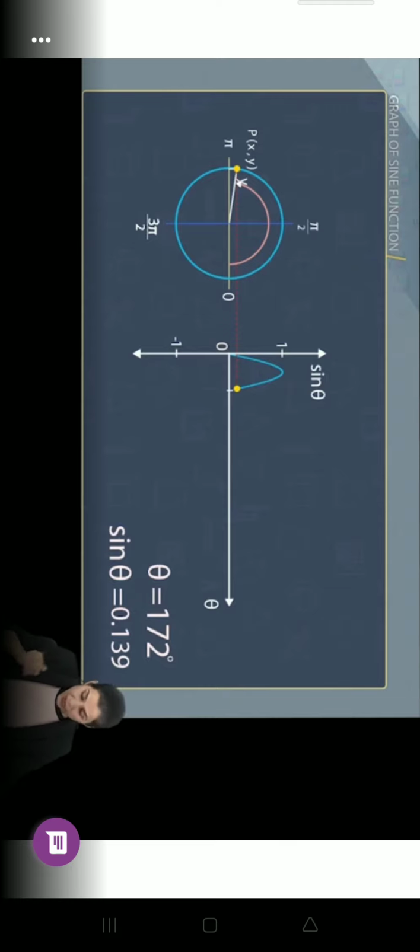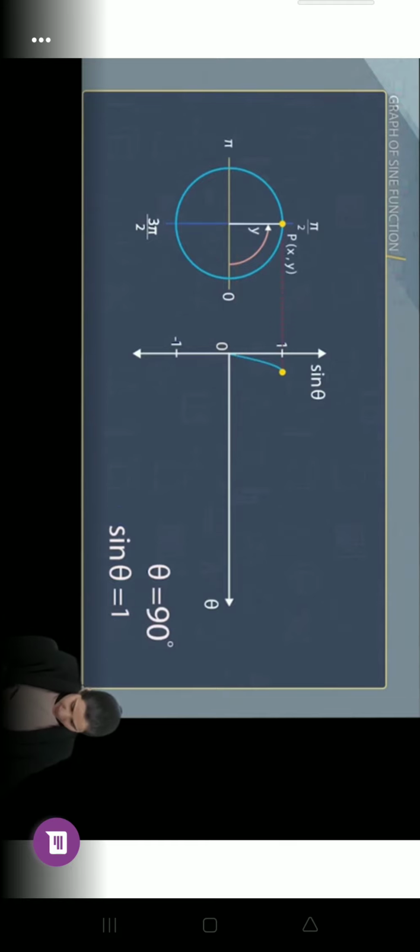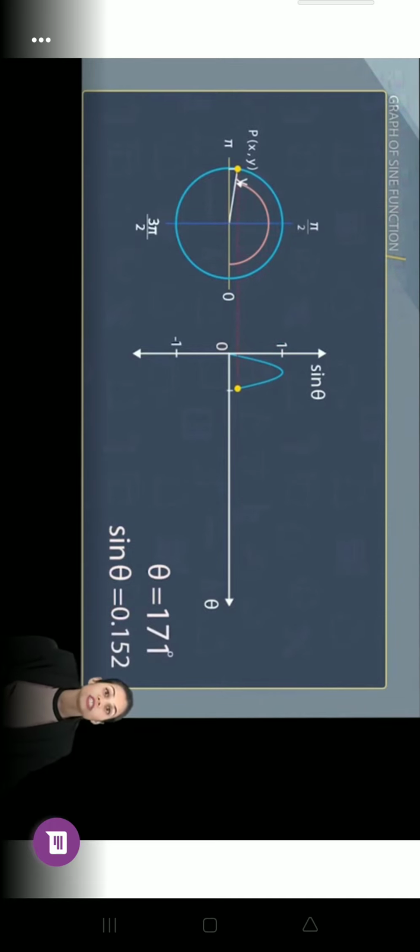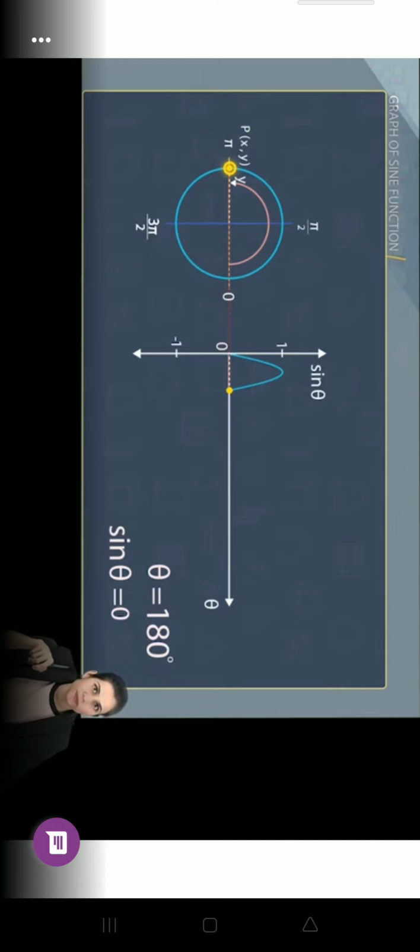Yes. Now, when theta reaches pi, that means P reaches minus 1, 0, then sine theta is the y coordinate of P, which is 0, which gives you sine pi is 0. Yes. So what do you observe? You have simply observed that at theta equals 0, sine theta is 0.